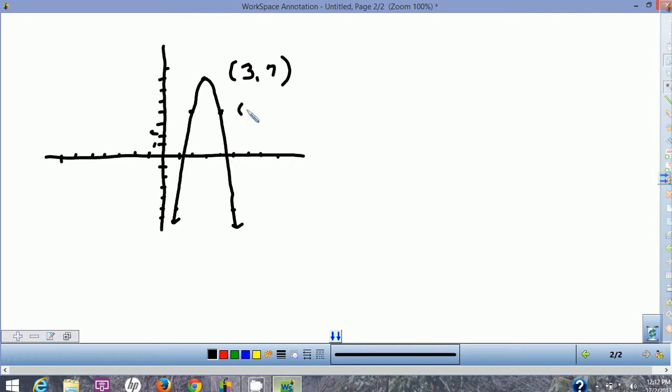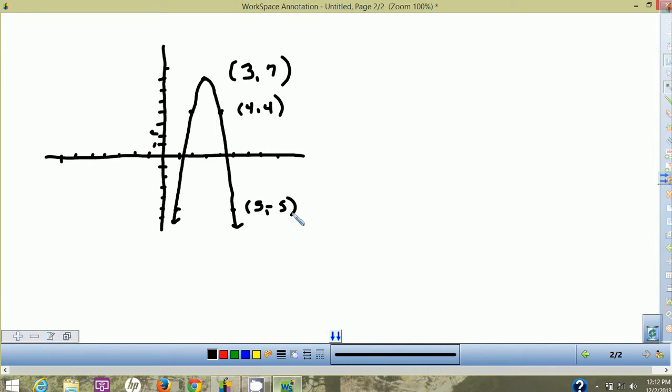We'll just label this one right here as (4, 4), and then we go through the points (5, -5) and (1, -5). So there's my function. So now we want to figure out what is the equation of this graph.